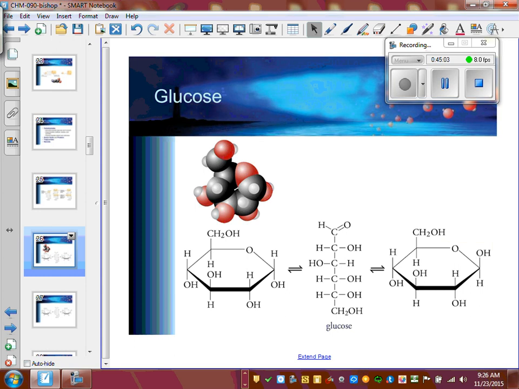If I take this oxygen right here, bring the electron pair up and attach it here, this comes out, this hydrogen goes here, I get this: the ring form. This is this oxygen. So we say 1, 2, 3, 4, 5, 6.